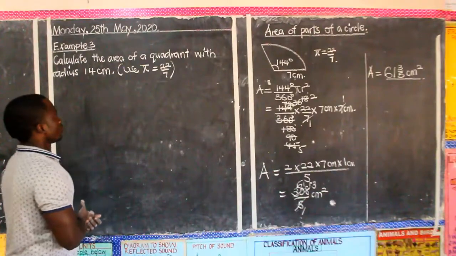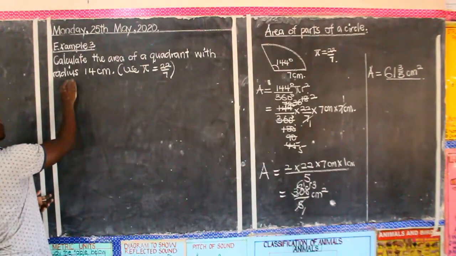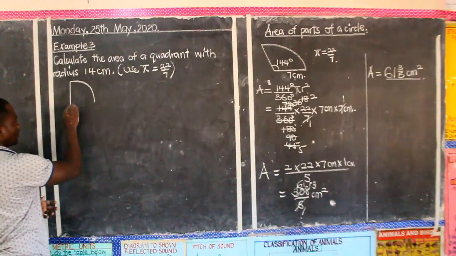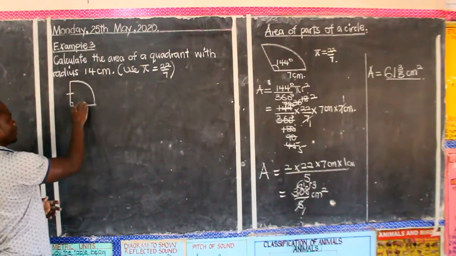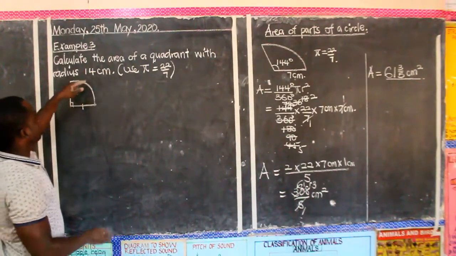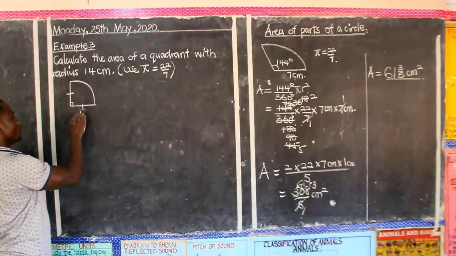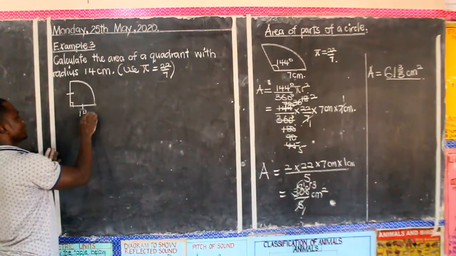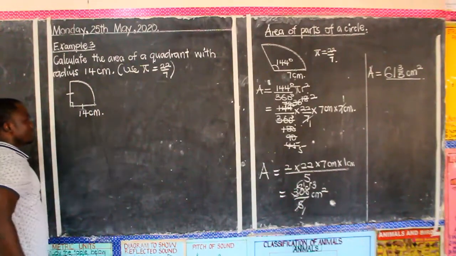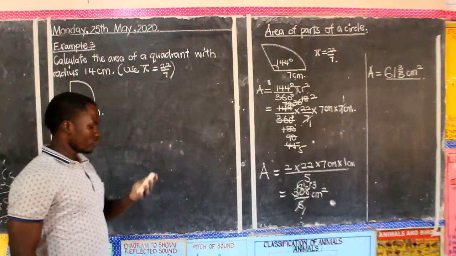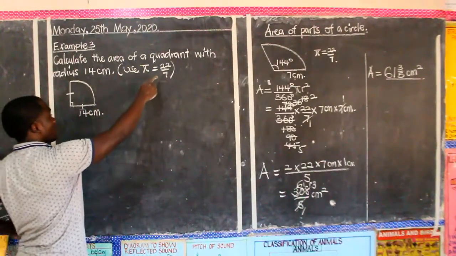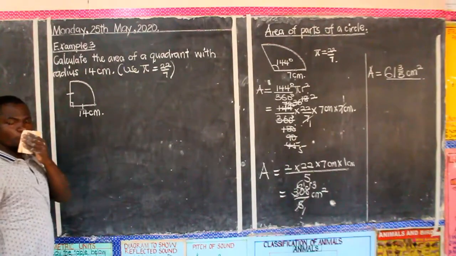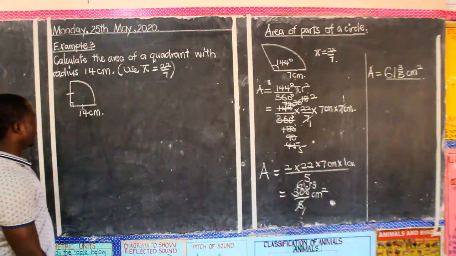Okay. So with me, I want us to guide ourselves using this diagram here. This is what we call a quadrant. Okay? And they have given us the radius of 14 centimeters. Okay? So how do we find the area of this figure here? With our pi of 22 out of 7.